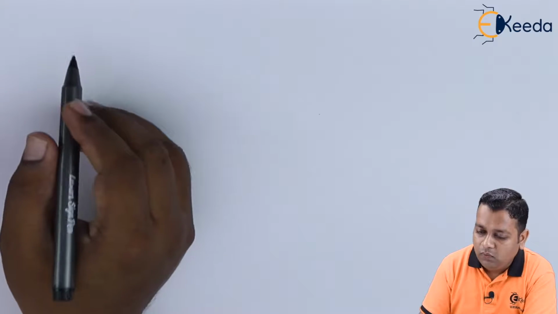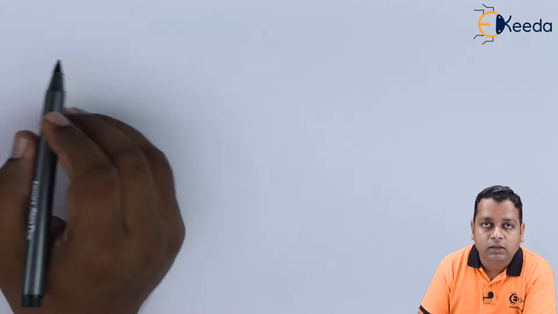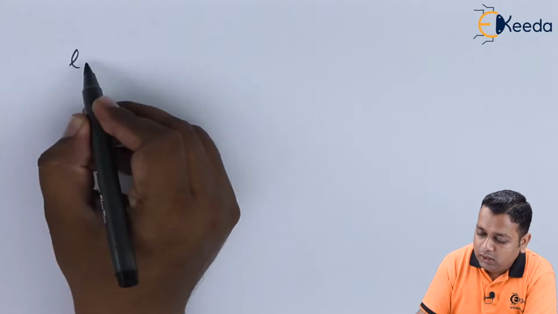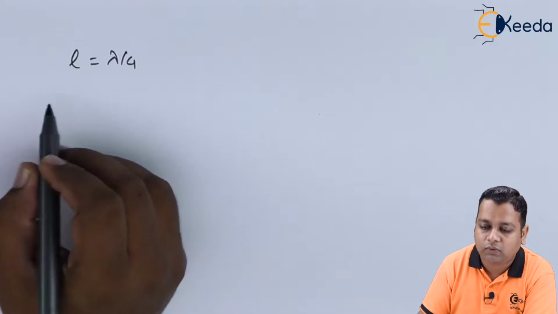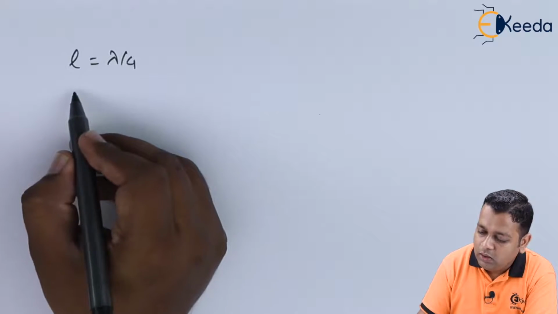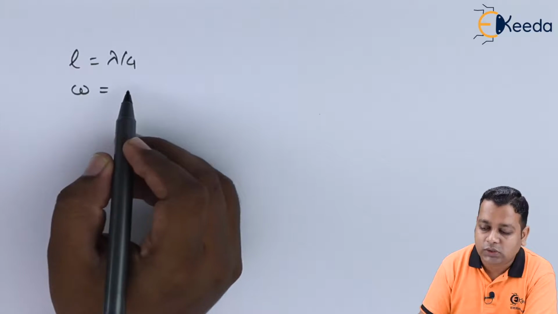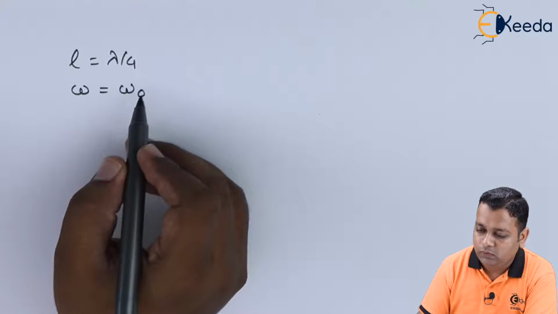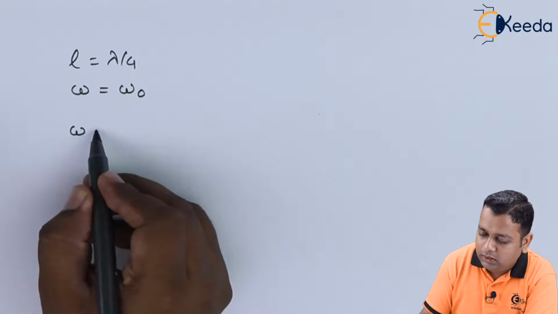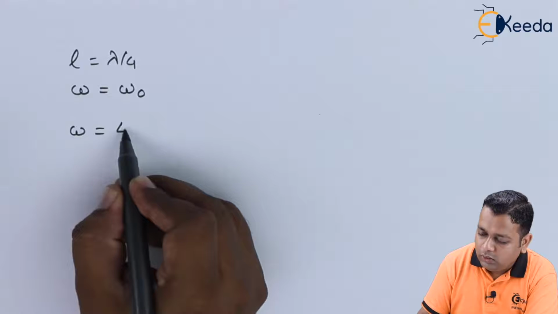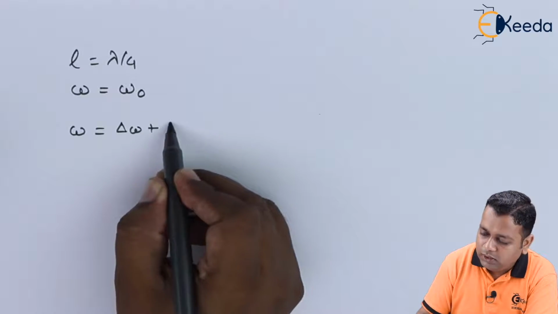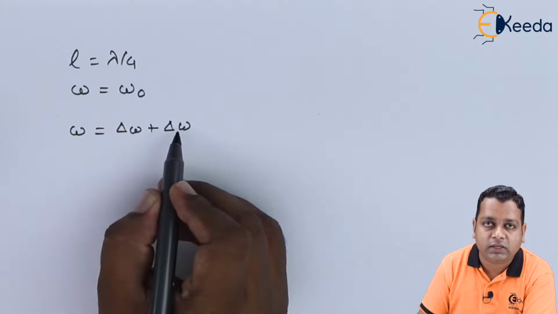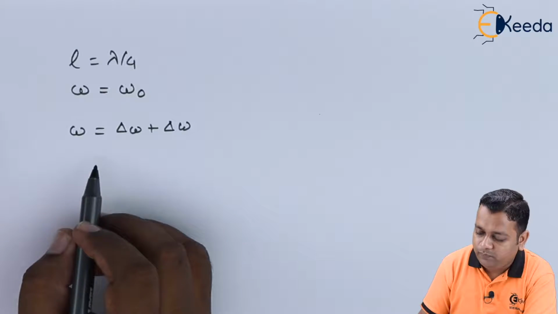So for this generalized expression for input impedance, we in addition assume that L is equal to lambda by 4, the length of the transmission line, provided that the operating frequency omega is represented by the resonant frequency omega 0, letting omega be omega 0 plus a small variation delta omega.